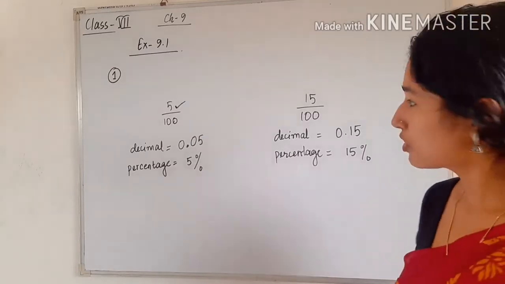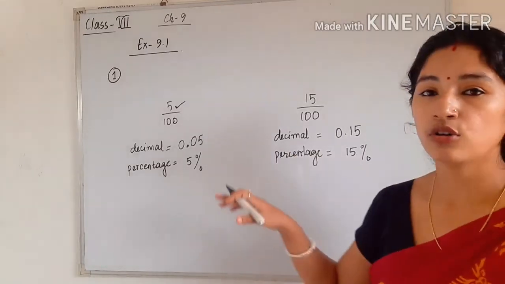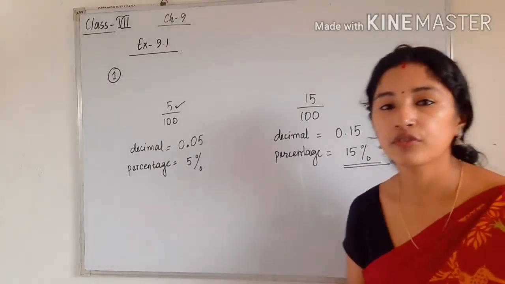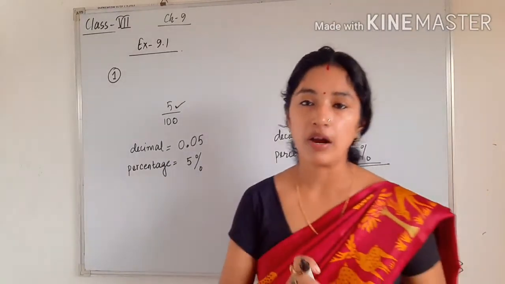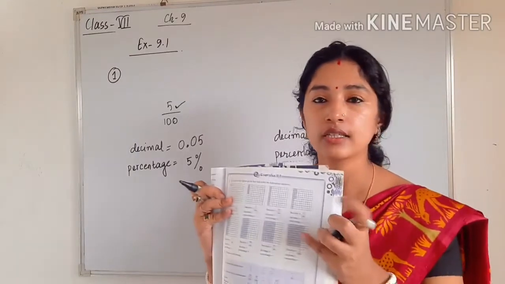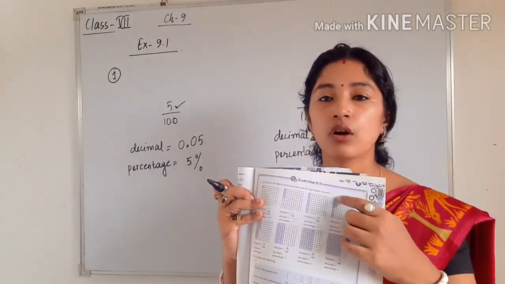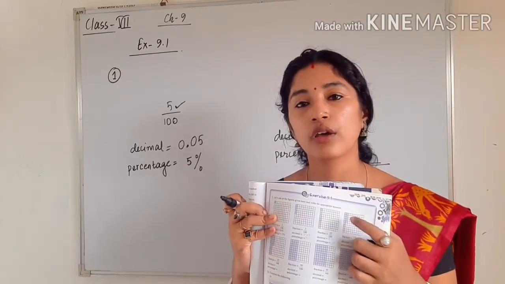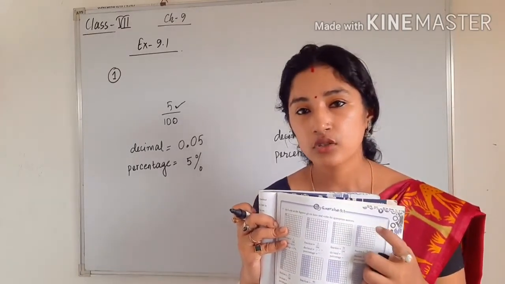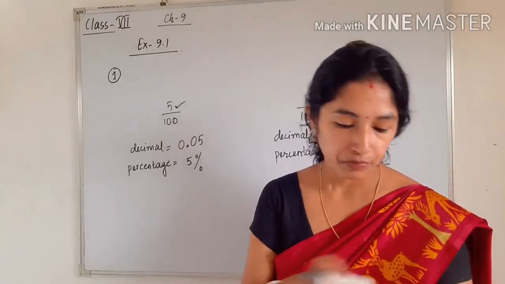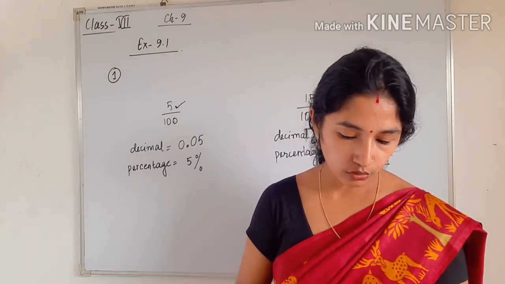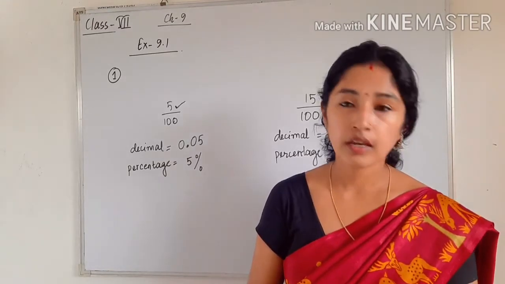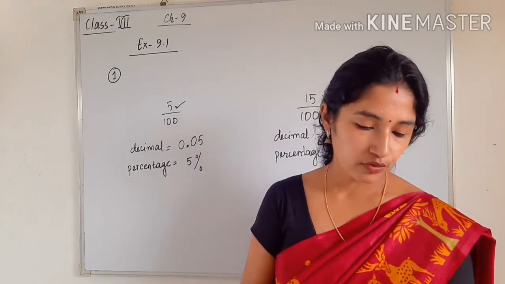That means out of 100, only 15 are the shaded part. In this figure there are a total of 100 squares, and out of 100 squares, only 15 small squares are shaded. Like that you can do the remaining ones also. Try to complete this in the book itself.